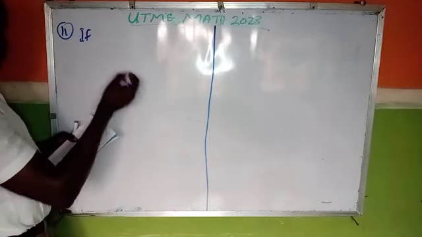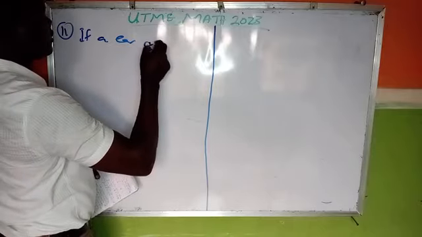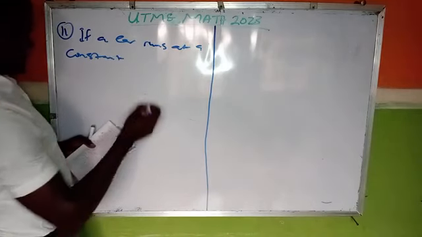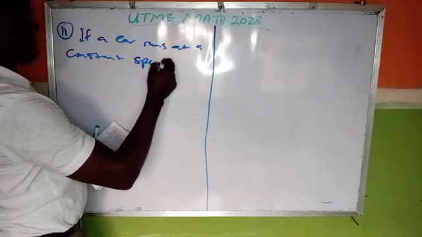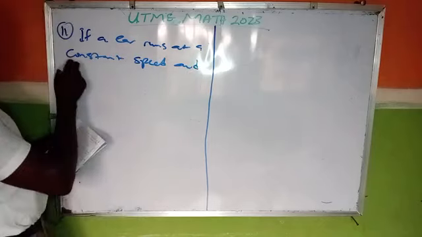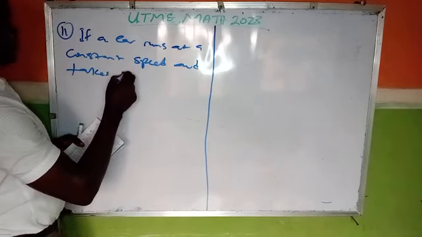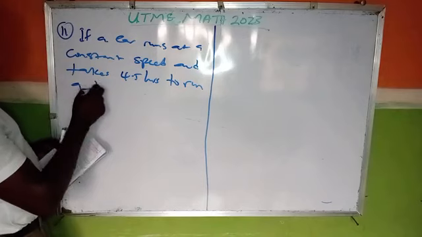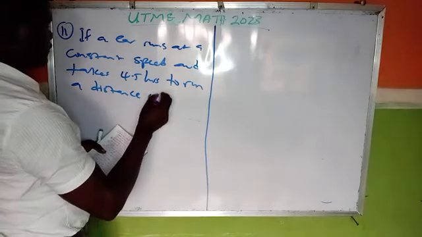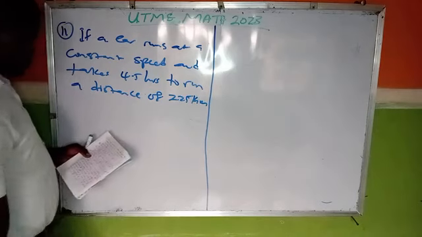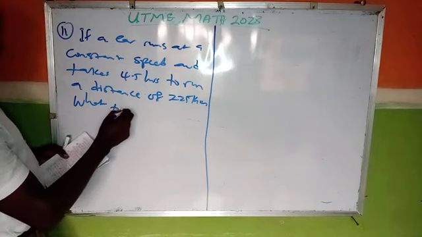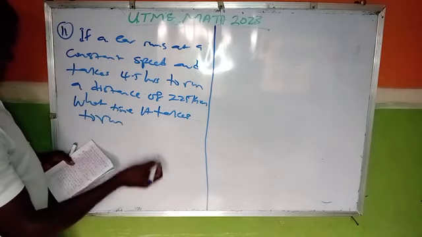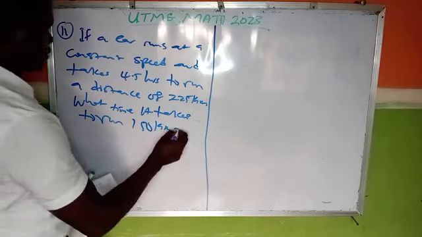If a car runs at a constant speed and takes 4.5 hours to run a distance of 225 kilometers, what time does it take to run 150 kilometers?